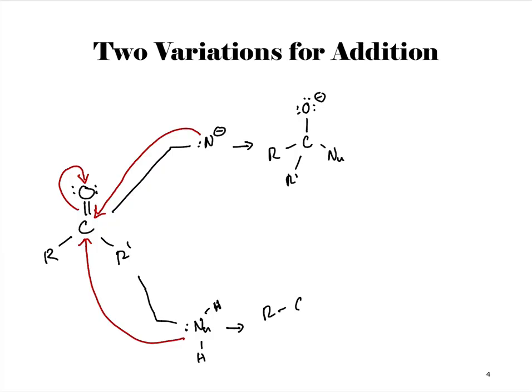The only difference for the neutral nucleophile is now this is going to have a positive charge on it, and then two hydrogens here as well. But it still has the same shape or looking intermediate.